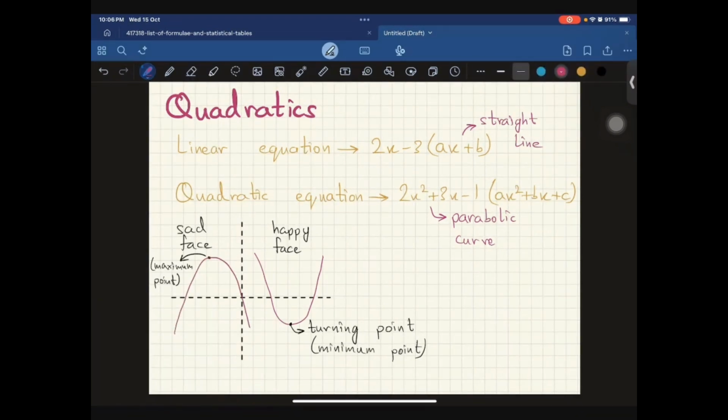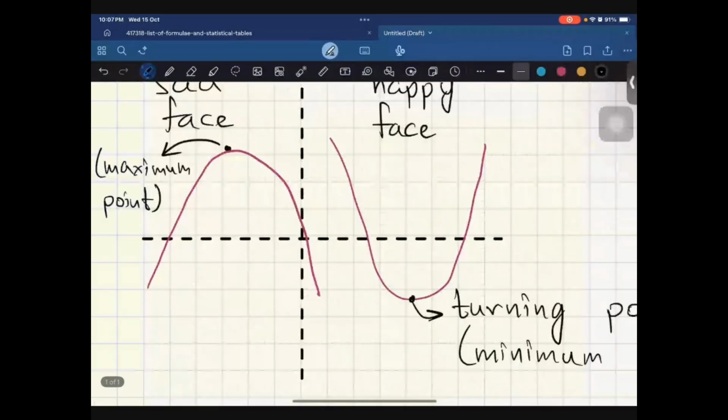There are two more things that are important for the quadratic curve. One of those things is the point at which it cuts the x-axis, which is called its x-intercept.